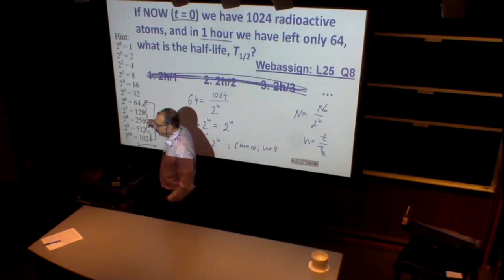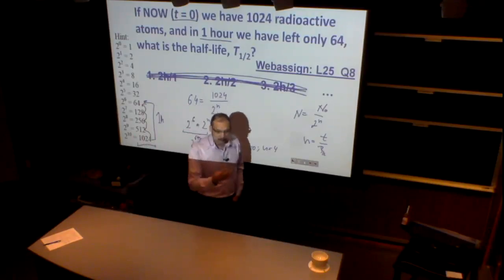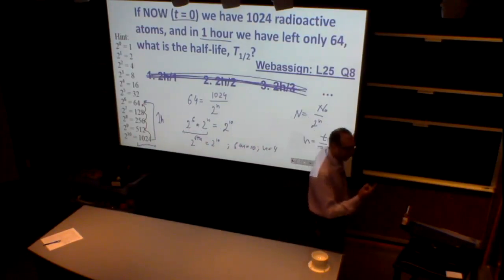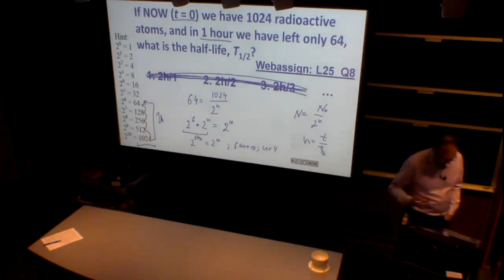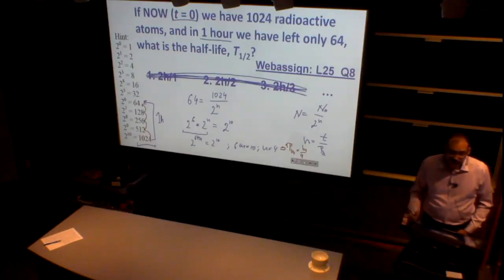Then we have to wait 1 more half-life to get from 256 to a half of that, and 1 more. So 1 hour is equal to 4 half-lives, which means half-life equals a quarter of that. A half-life of this material will be equal to 1 hour over 4, 15 minutes.